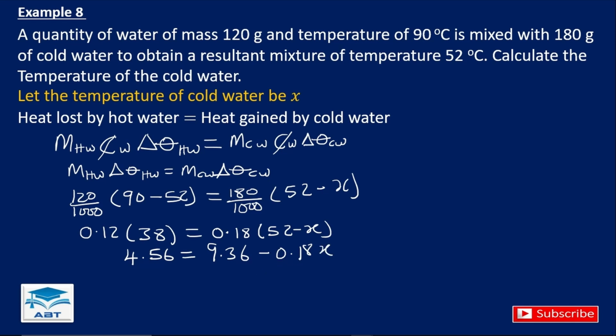We group like terms. So let's bring 0.18x to this side and bring 4.56 to subtract from 9.36. So we have 0.18x is equal to 9.36 minus 4.56, which is 4.8.